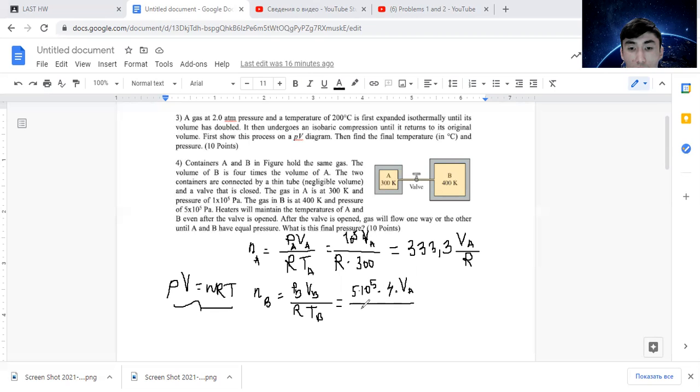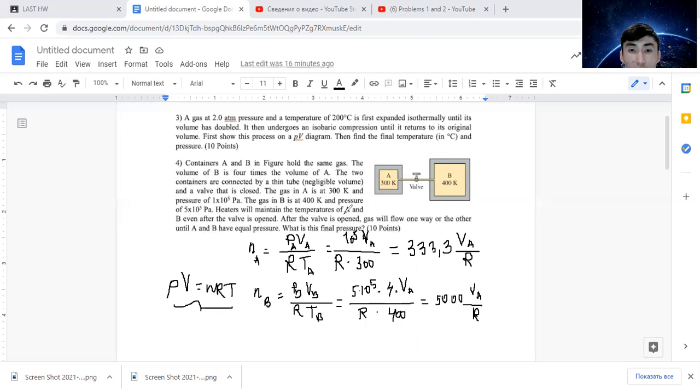Over R times TB, which is equal to 400 Kelvin. So here will be 5,000 VA over R. So we found the number of moles of each of the containers.